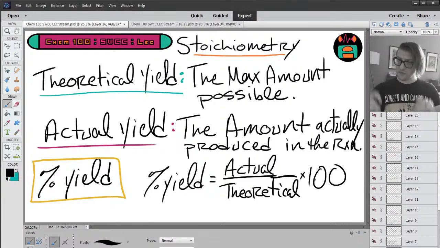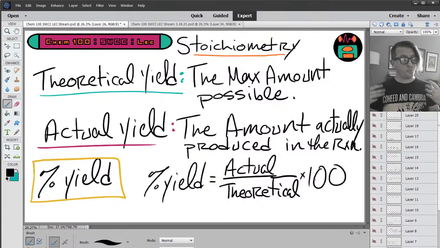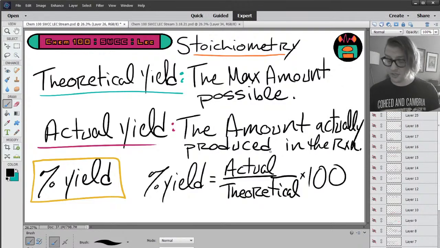So you take a ratio of the actual over the theoretical and multiply it by 100. The way to think about the percent yield is it's a way of rating the reaction. How efficient was it? How productive or fruitful was the reaction? You do this by taking the ratio between the actual and the theoretical.